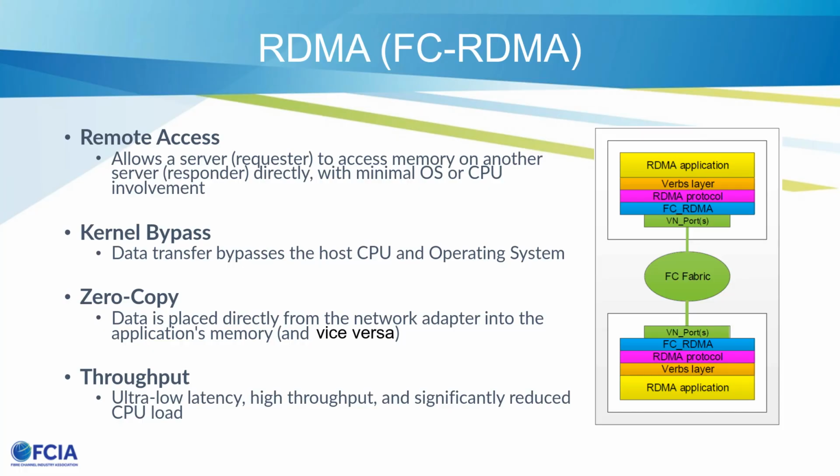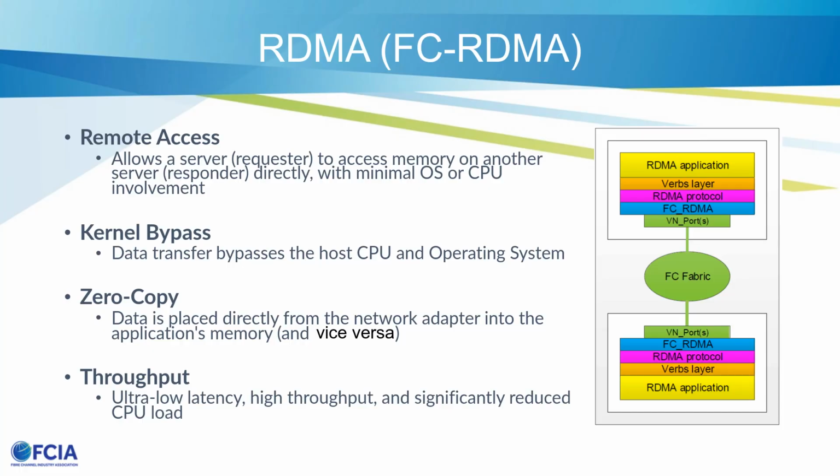In the case of RDMA, adapting it to Fibre Channel was quite straightforward. RDMA certainly has a request to responder relationship for being able to access memory on other devices. So one server could access the memory on another server as if it was its own memory. It uses the hardware capabilities that are available within the system to offload the CPU from dealing with the memory access operations.